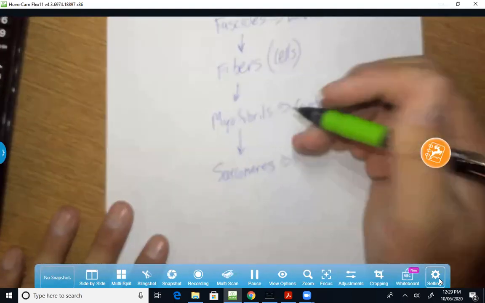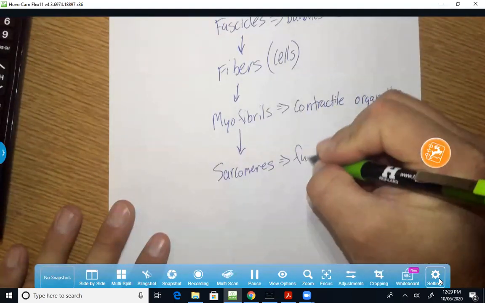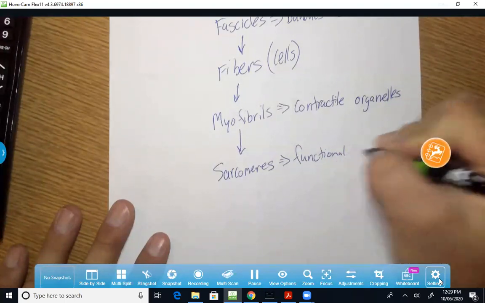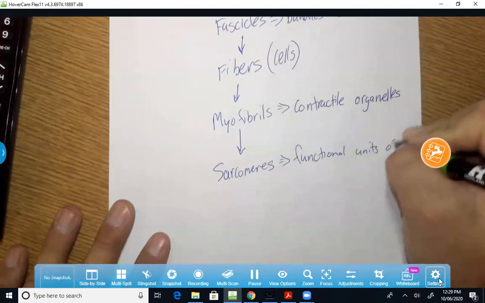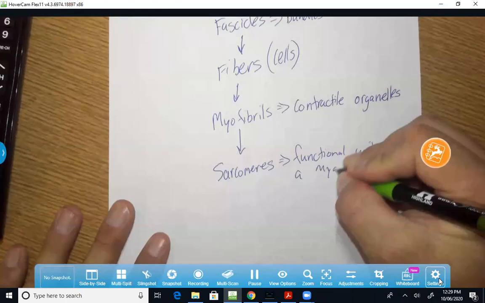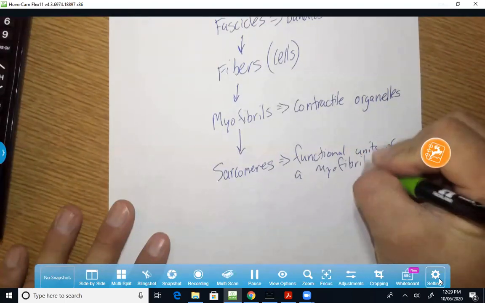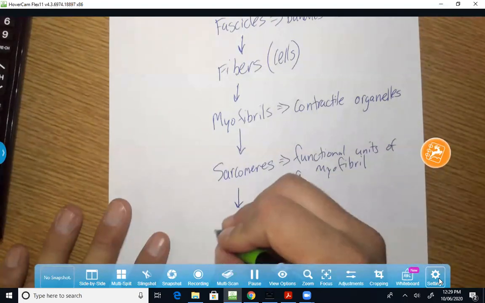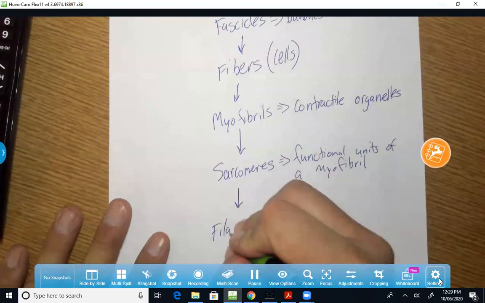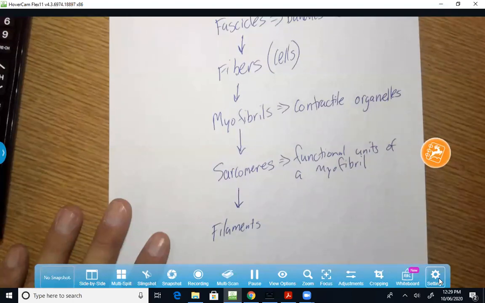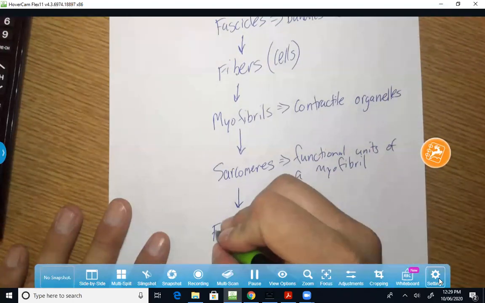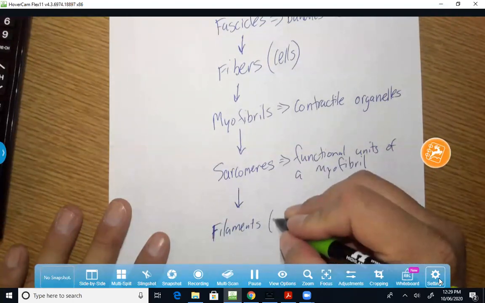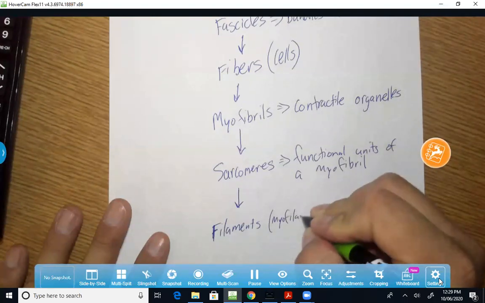Sarcomeres are just the functional units of a myofibril. And found inside of sarcomeres are structures called filaments, which are sometimes described as myofilaments.